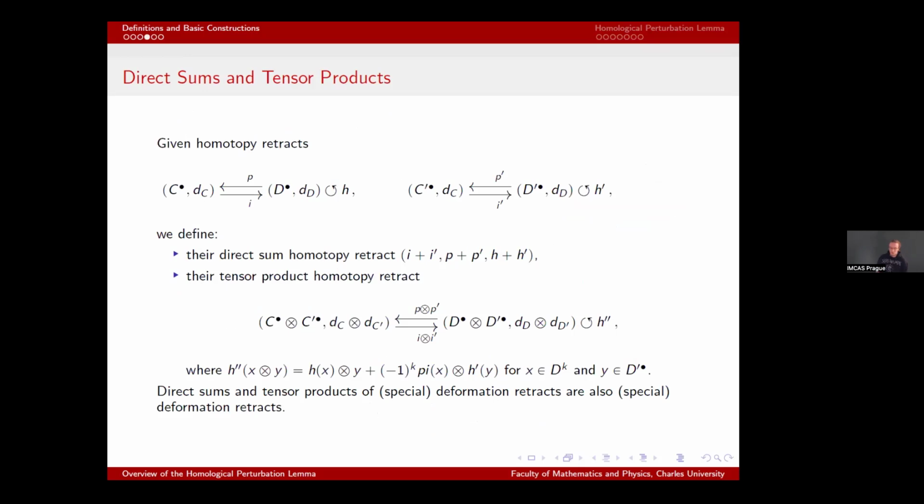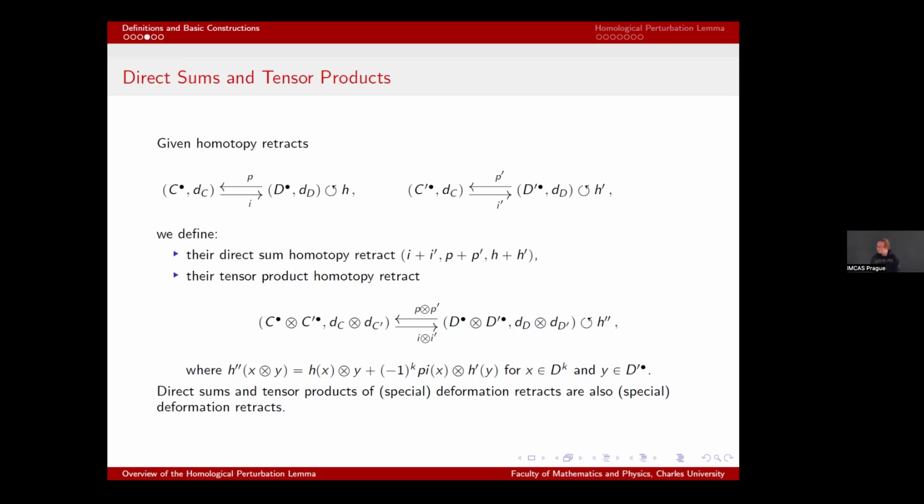Okay, we can also take direct sums and tensor products of homotopy retracts. So direct sum is just a pointwise addition for both maps and the homotopies. And for tensor products, we have these formulas. So the two maps are just tensor products of the maps we start with, and the homotopy H prime for the tensor product is defined by this formula.